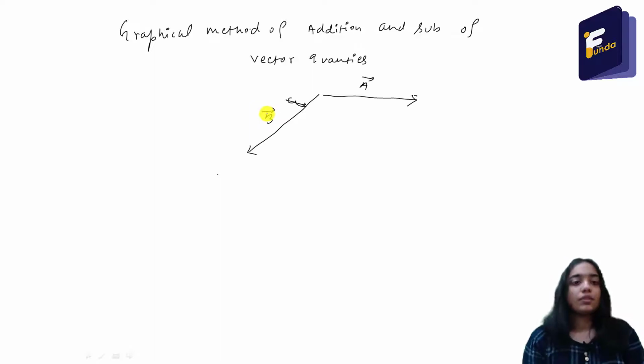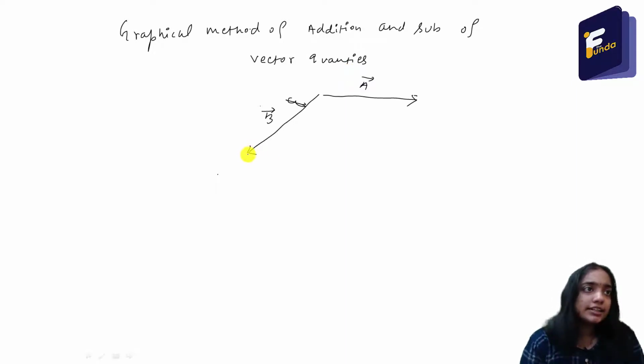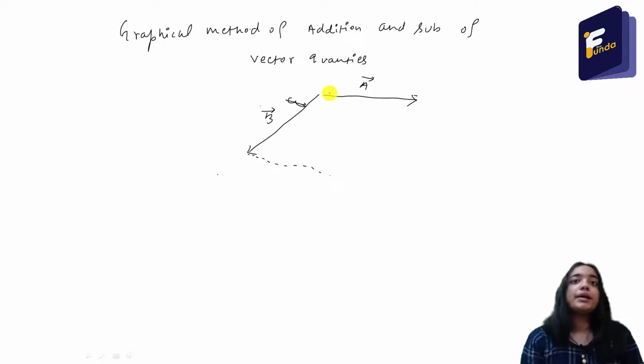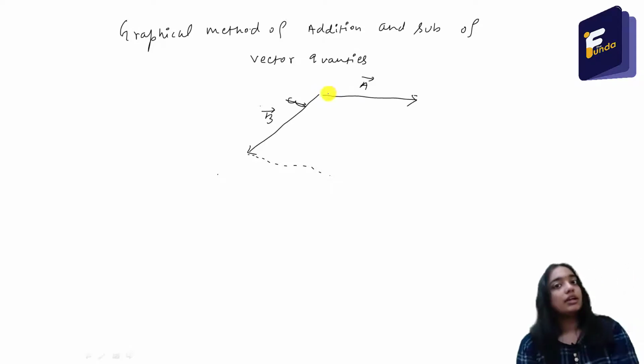I want to add these two vector quantities, B and A. What I will do is parallelly shift this vector B. As I have already told you, by parallelly shifting a vector, the vector remains the same because the direction and magnitude remain the same.